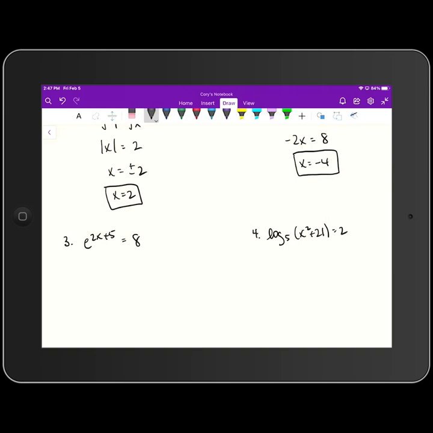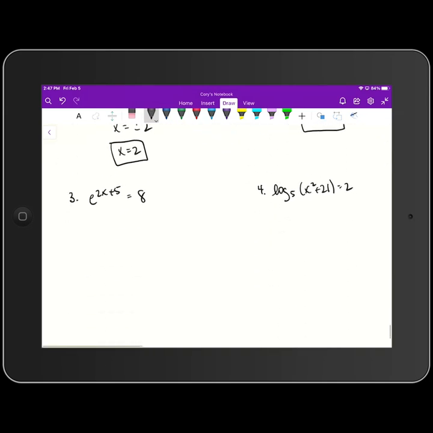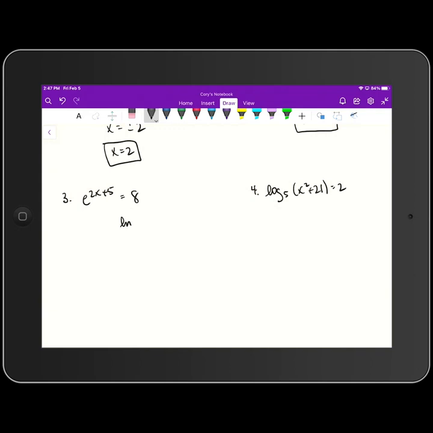So the only other technique that we have that we can work with in this instance is to rewrite this in logarithmic form. If I write this in log form, the log has the same base as the exponent, so that is log base e, which is natural log, of what the exponential expression is equal to, which in this case is 8, and that's equal to the power 2x plus 5.